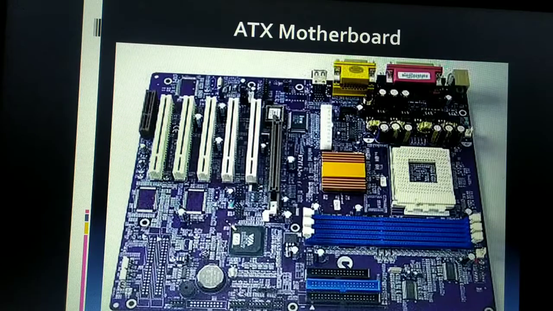It also has the PCI slots, peripheral component interconnect slots, which, as I said, are used for the graphics card, sound card, or internal modem card. Then one extra slot is the AGP slot, the accelerated graphics port slot, which is mainly used for faster access to the graphics accelerator card.